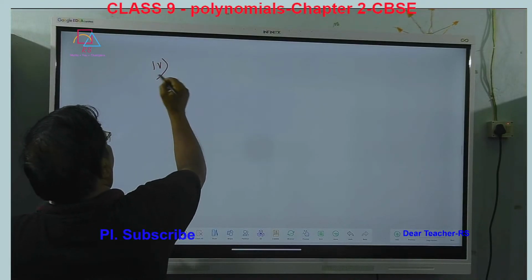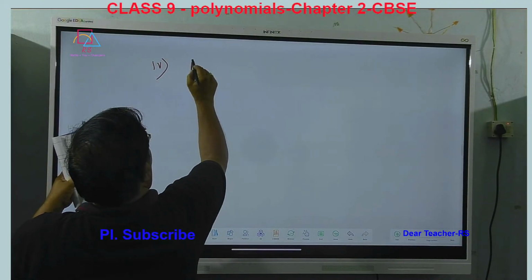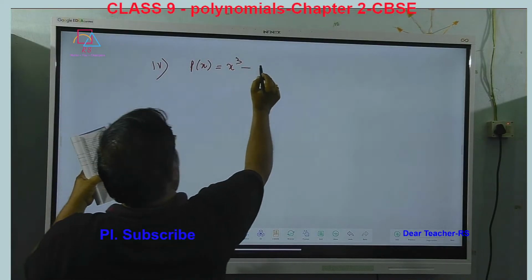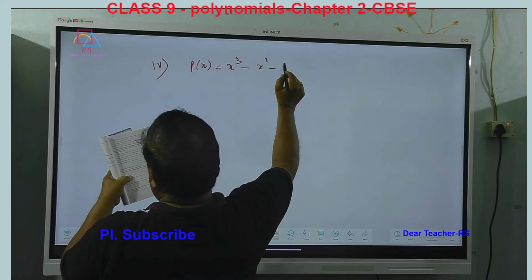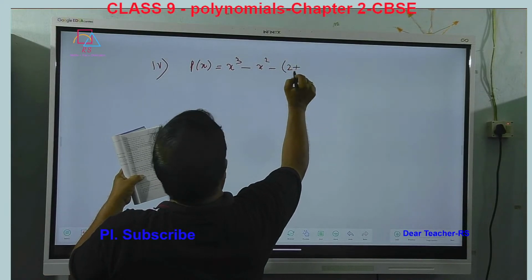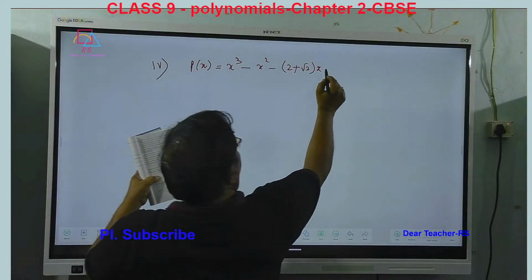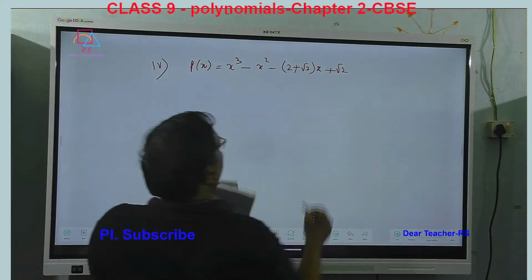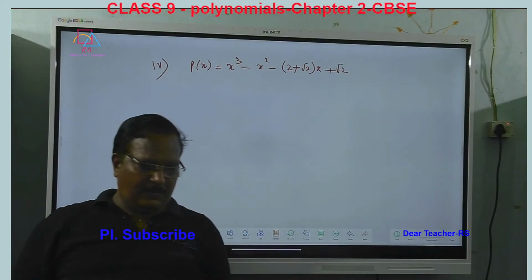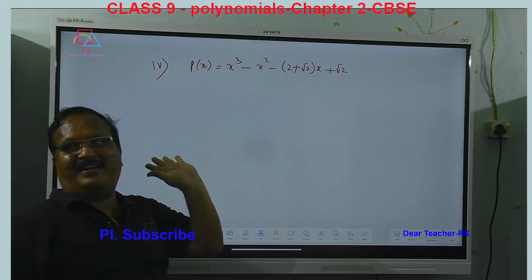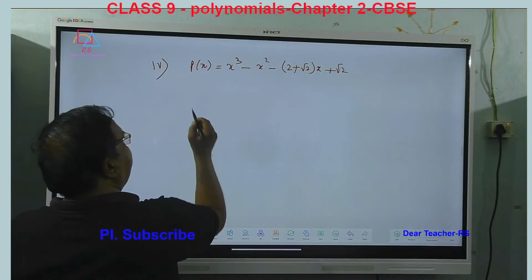4th bit, I will write P(x) is equal to x cube minus x square, 2 plus root 2 x plus root 2. Now you have to verify whether x plus 1 is a factor of this or not. So the first steps are the same.